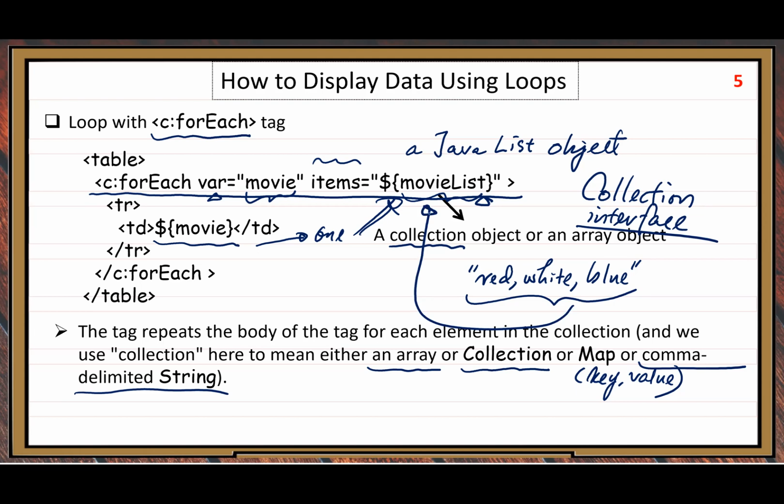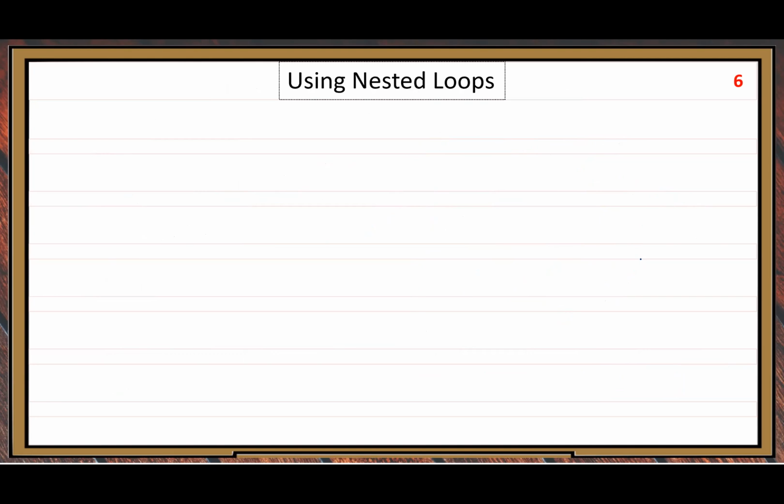When you do iteration, the first time it takes the red value, the second time the white value, the third time the blue value, and so on. So that can also be treated as collection type data. Array is definitely included. All right, so that's the usage of the loop.